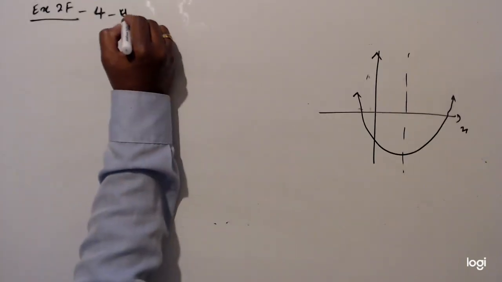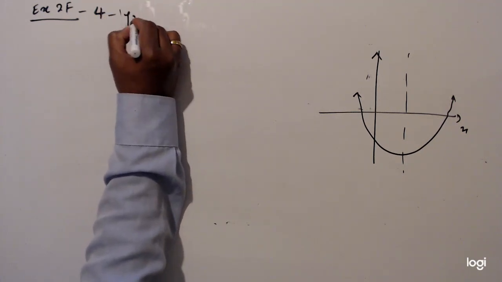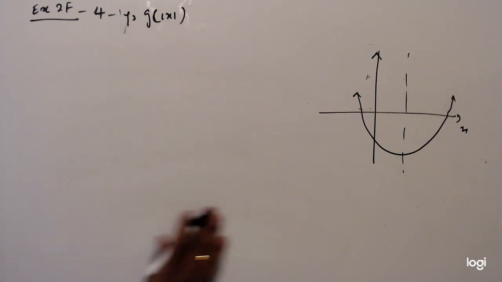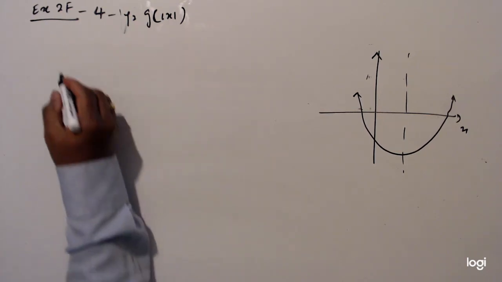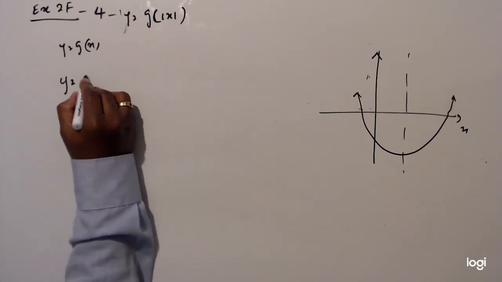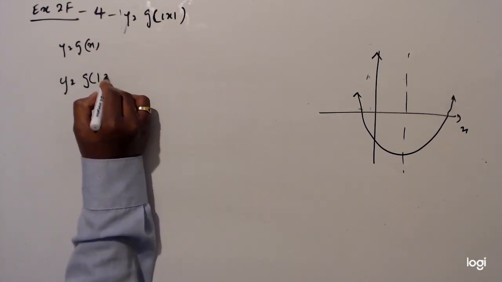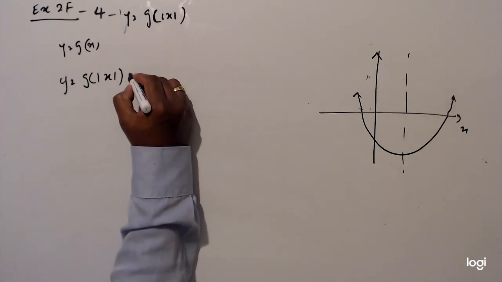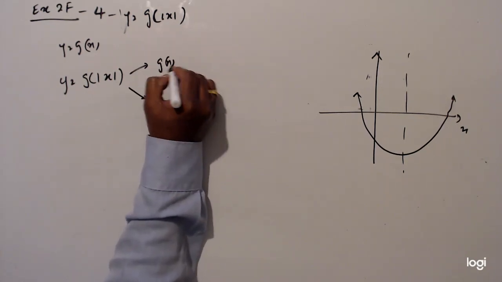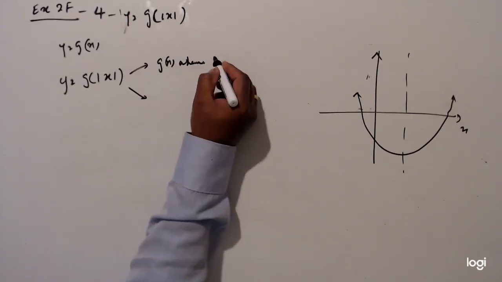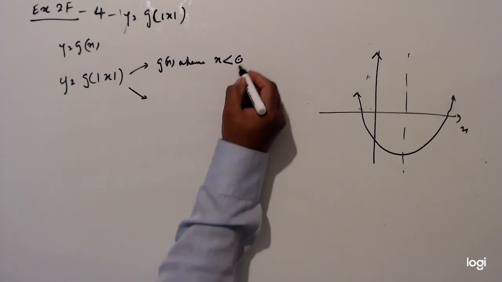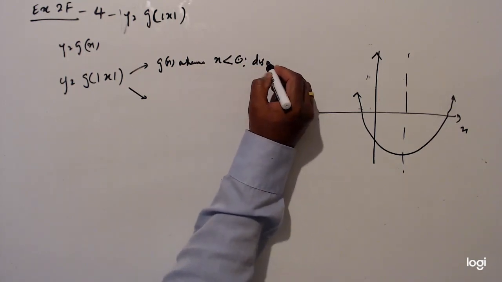Part C, y = g(|x|). Then y = g(x). Then y = g(|x|). So what is happening here? As we discussed, the g(x) graph where x is less than 0, we have to disregard.